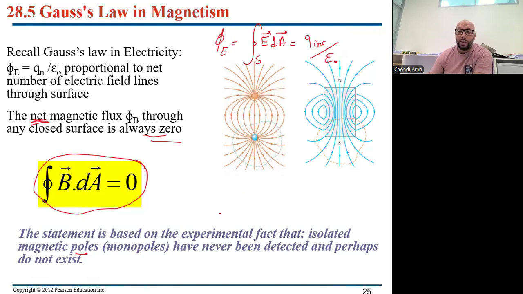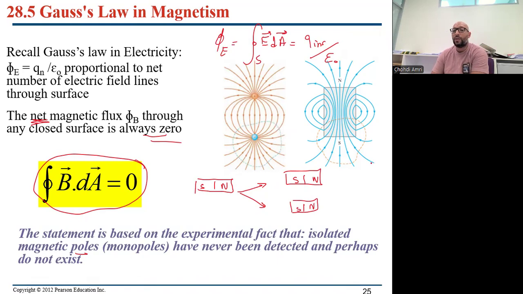As I said in chapter 28, lecture 1, a bar magnet always comes with north and south poles. If we break this bar magnet into two pieces, each piece will have north and south. If we break this second piece into other pieces, we always have north and south.